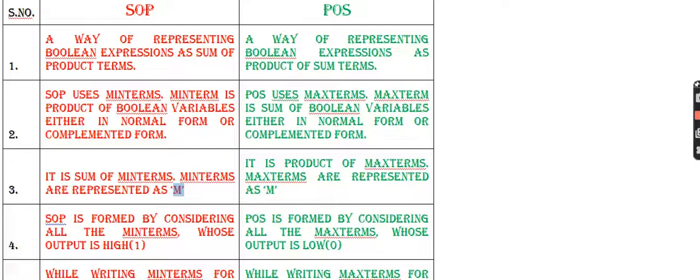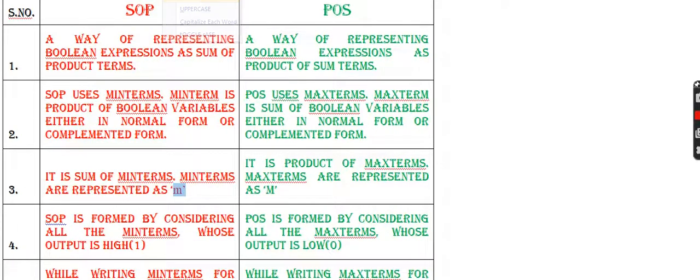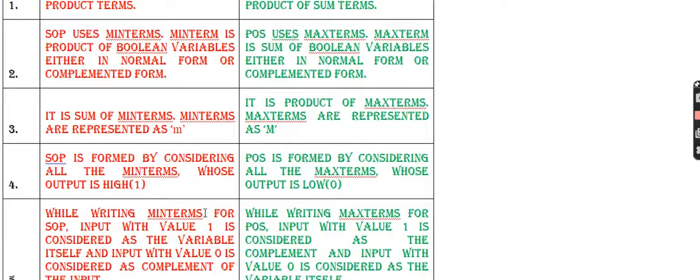Under POS, it is a product of max terms, that is, max terms are represented as capital M.